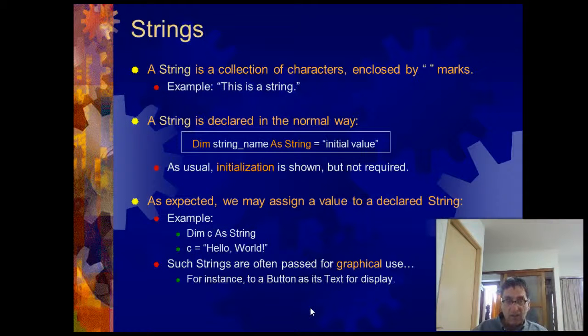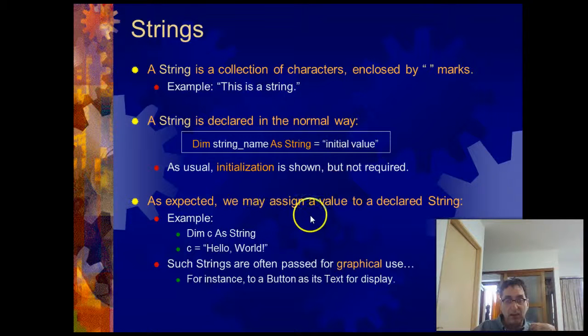And strings. A string is a collection of characters enclosed by quotation marks. For example, this. A string is declared in the normal way. So Dim the name of the string as String, and then you can initialize it with a particular string value. Initialization is shown here, but it's not required.